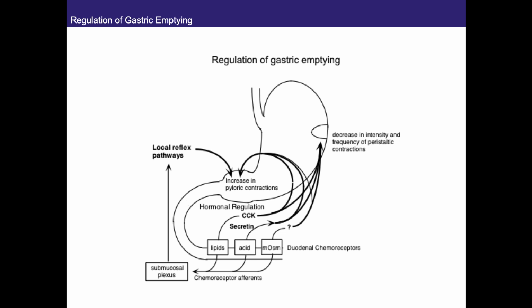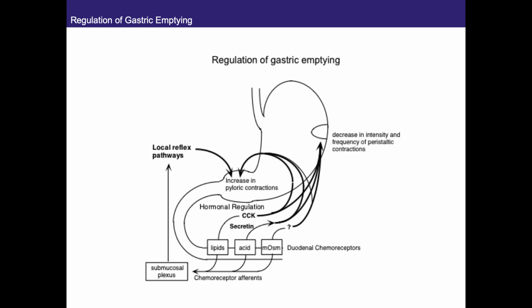So now it ramps everything down, acid secretion goes down, peristaltic contractions go down. And the idea here, and I can guarantee this will be a test question, the intestinal phase decreases gastric emptying.